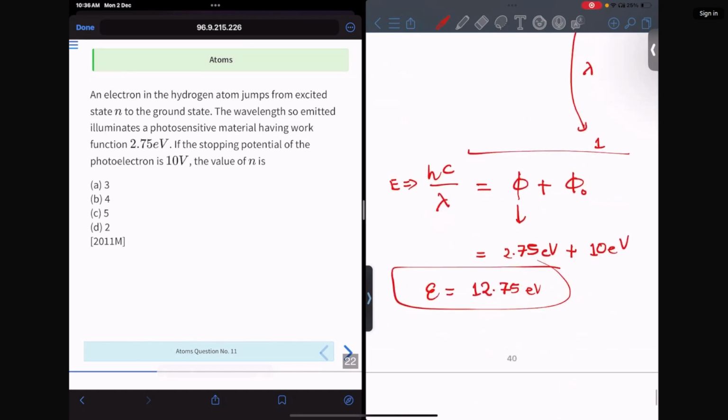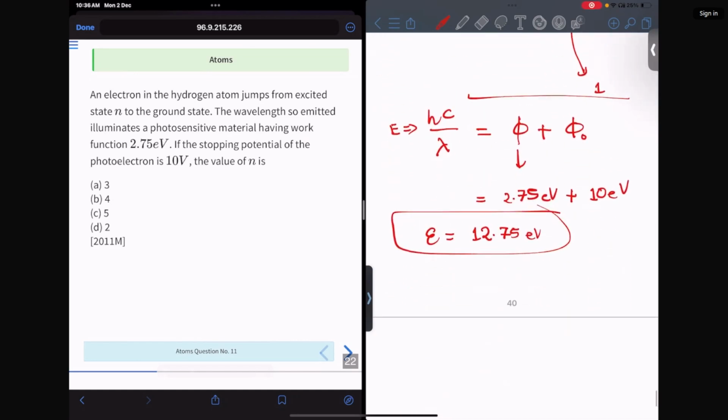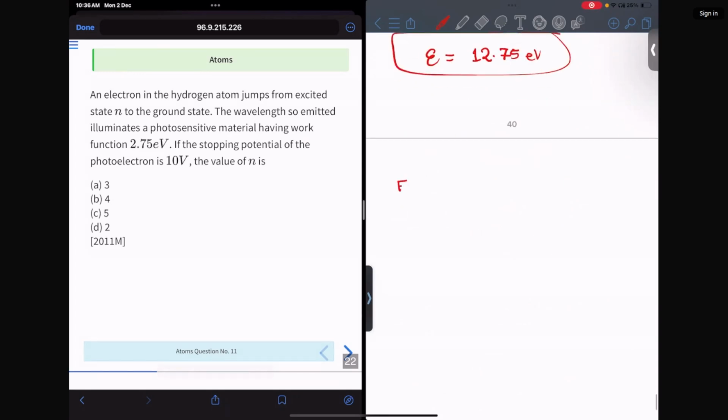So you need to calculate the value of N. The total energy is 12.75. The value of energy, as you know, is minus 13.6 times Z square upon N square electron volt.